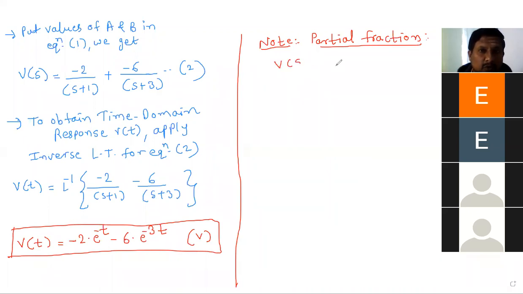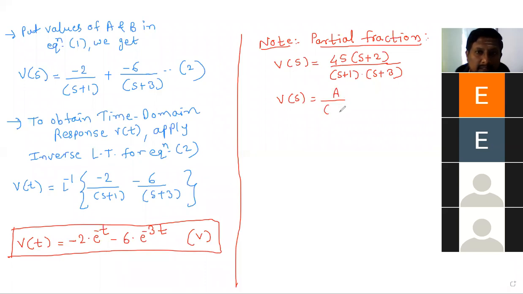V of s is equal to, काय होतं original equation? 4s into s plus 2 divided by s plus 1 into s plus 3. बरोबर आहे. त्याच्यानंतर मी काय केलं, V of s is equal to a divided by s plus 1 plus b divided by s plus 3.